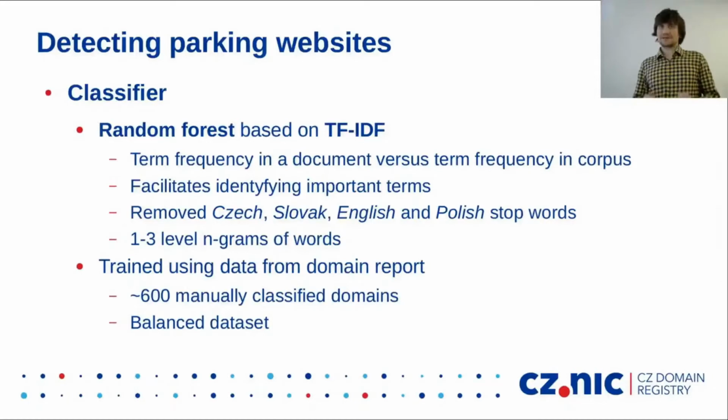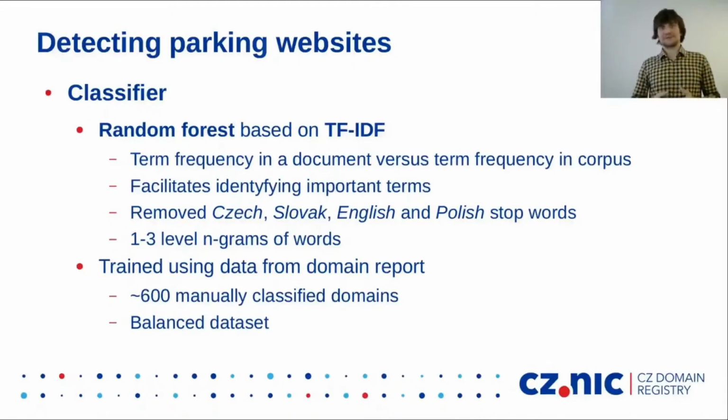We trained our classifier using the data we gathered for the domain report. Basically, every year for the domain report, we do manual classification for a sample of .cz domain names. So there is a sample of size around 1000 domains, and we manually classify each domain.